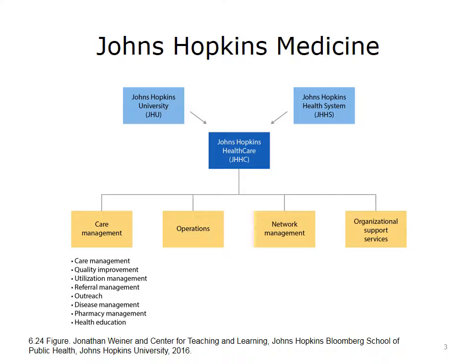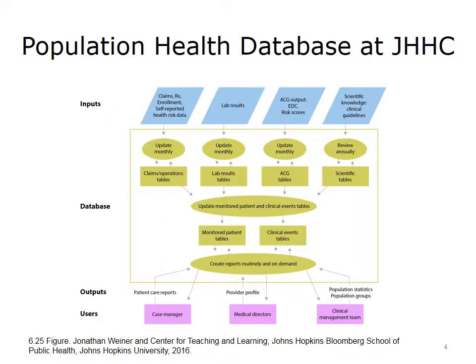This slide presents an overview of the Johns Hopkins Healthcare's organizational structure, with further details regarding the population-oriented care management services it provides. This chart depicts the flow of data for the cohort of individuals who are enrolled at JHHC.